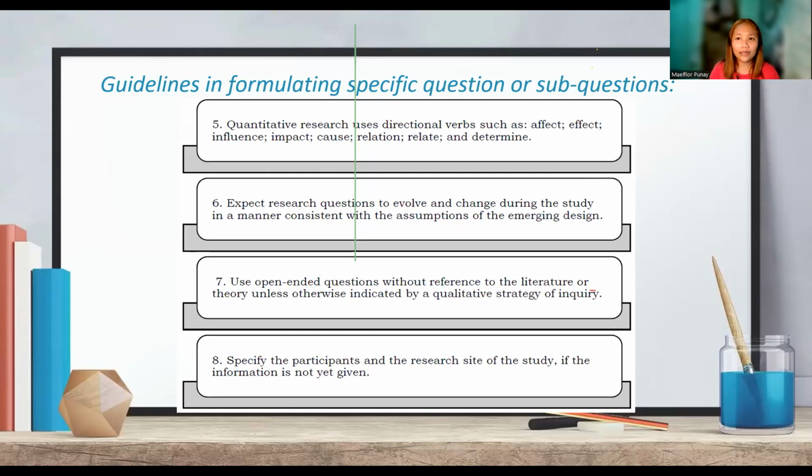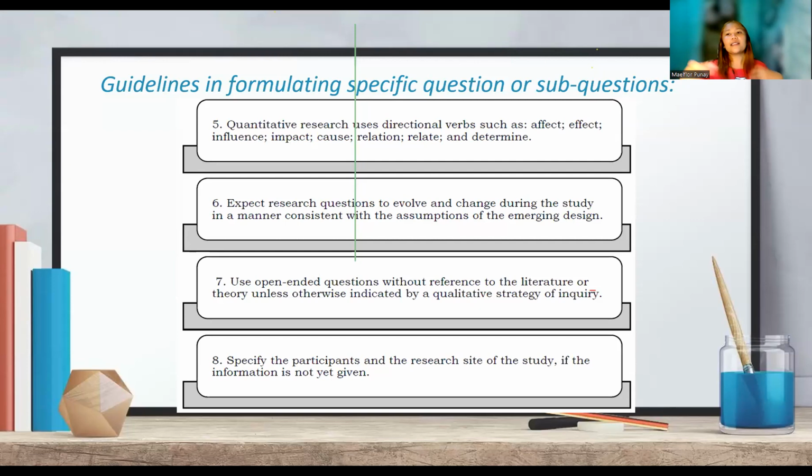So that applies if quantitative is used. After using the directional verbs, expect research questions to evolve and change during the study in a manner consistent with the assumptions of the emerging design. It is okay, for example, that you have submitted your research questions, but along the way you have posed problems or unexpected research questions that evolved or changed.